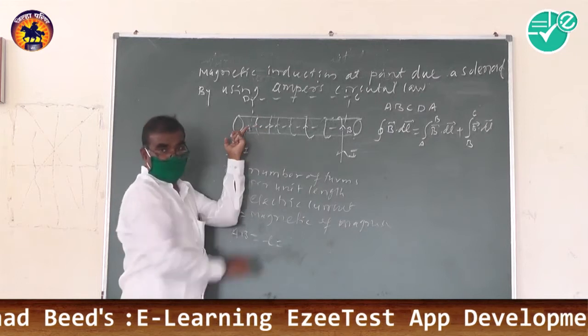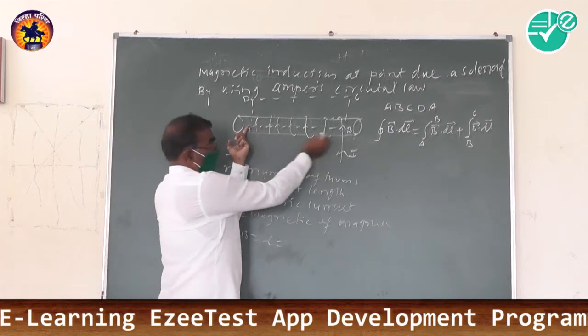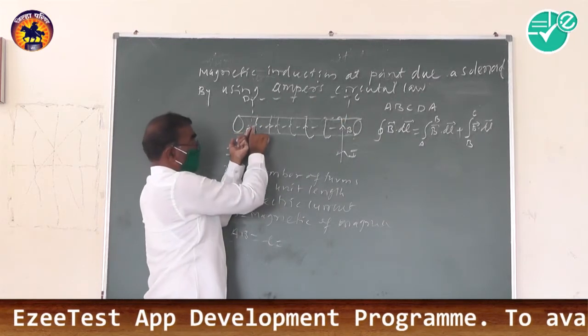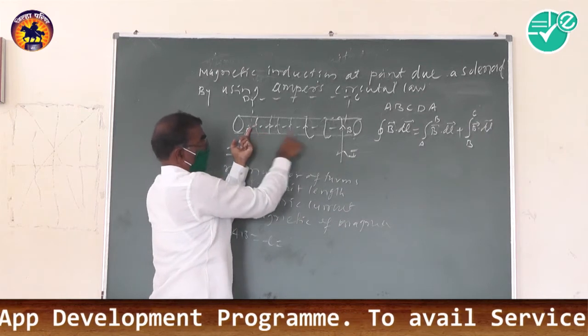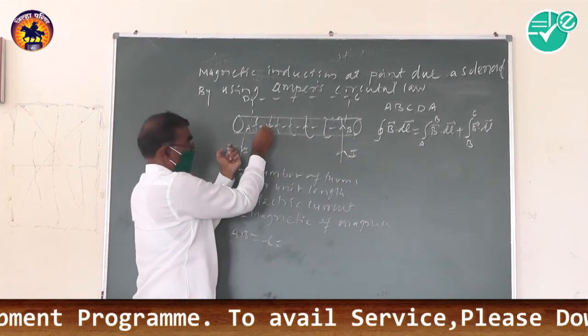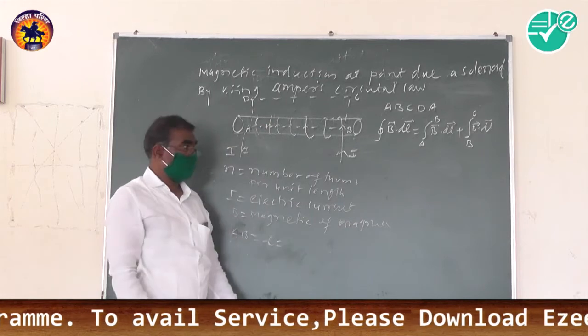dl is the small segment, a small length of the total length of the rectangular closed path ABCD, which is divided into a number of small elements.